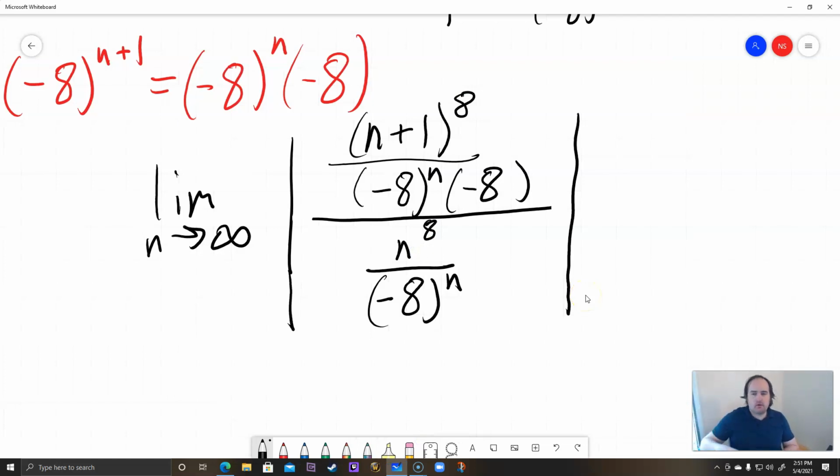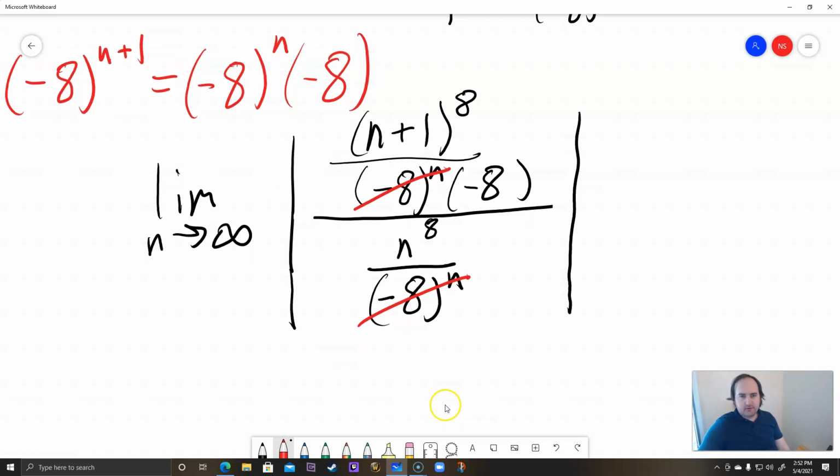All right, so so far all that's going to cancel out at this point is we've got this negative 8 to the n in this denominator and that negative 8 to the n on the bottom denominator, and those two are going to cross out. And then this negative 8 in this denominator, we can factor out front as a negative 1/8 and keep it inside of the absolute value.